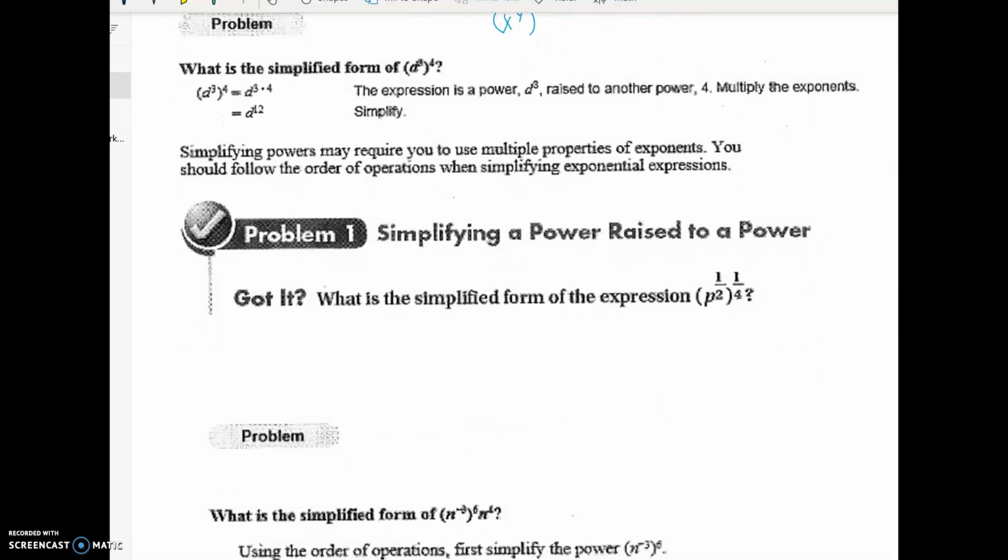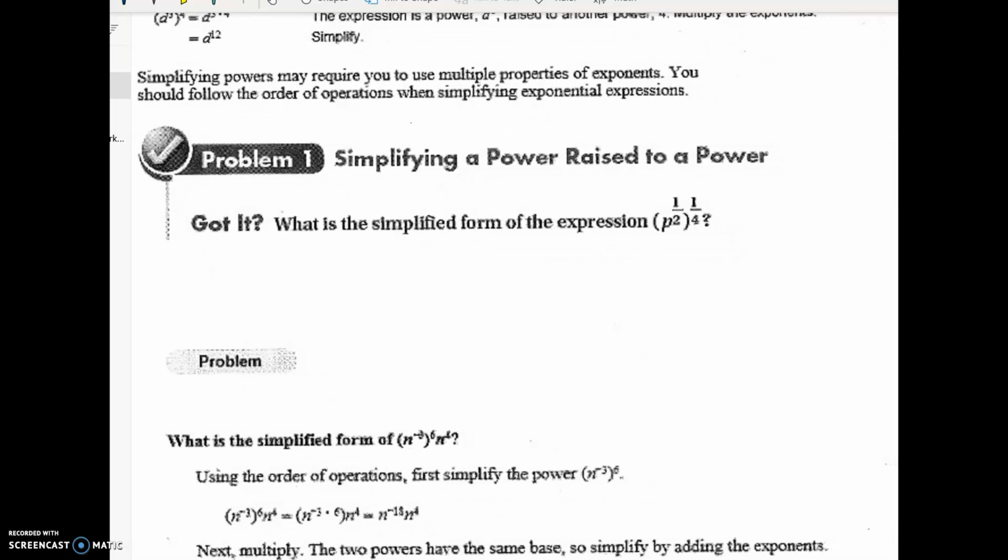So in the first problem here, we're just looking at what is the simplified form of this expression. So here we have a power and it's raised to a power, or raised to the 1/4. So I know I would multiply those together. So that would give us p to the 1/8 power.